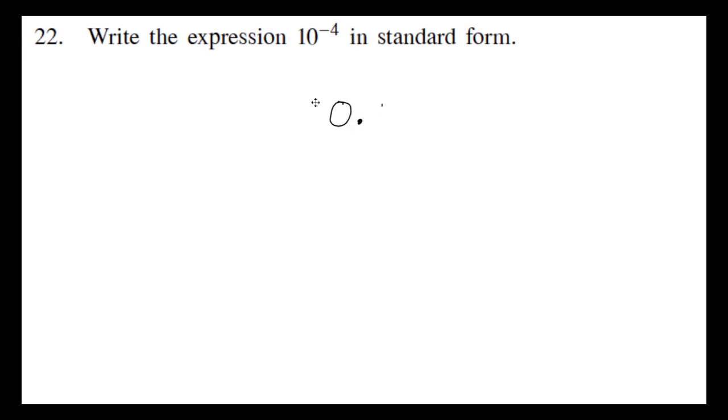To make it standard form, I have to have 4 places in my number. So again, 10 to the negative 4th, we'd have a 1, and then 4 places to the left: 1, 2, 3, 4, and of course there would be our 3 zeros there.